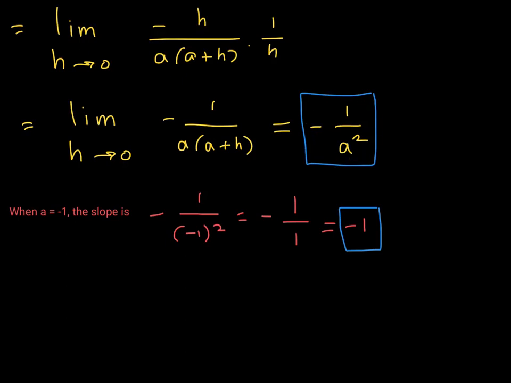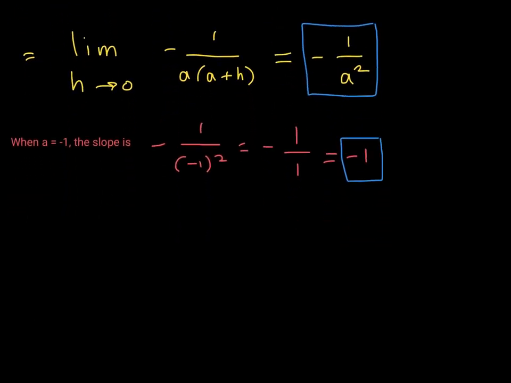So to answer this question, let me scroll up just a little bit. What I'm going to do is set this expression here, which again is the slope of our curve at any point, equal to negative 1/4.